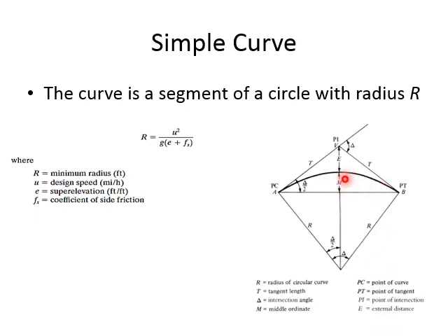The distance from the curve to the chord in line with PI is M, the middle ordinate. So this is the geometry of the curve.